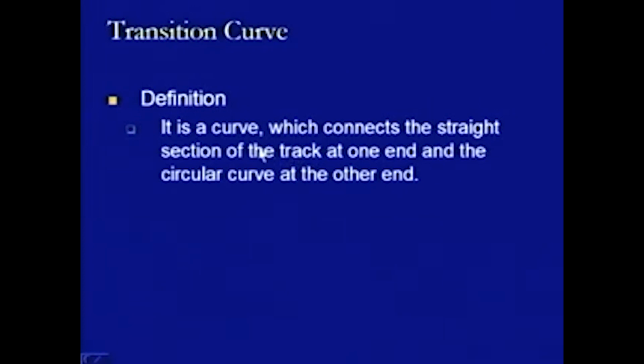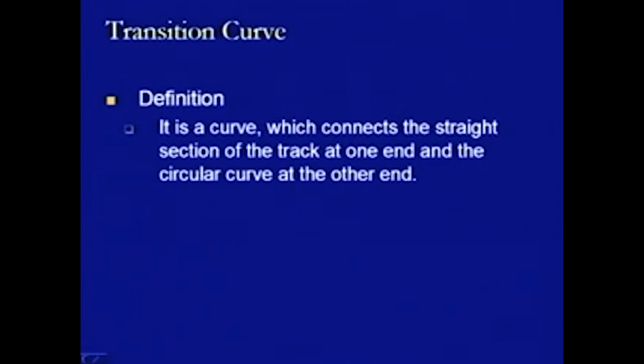It is changing its radius from infinity, where it is being connected to the straight section of the track where the straight line has an infinity radius, whereas in the case of the circular curve it has a finite radius. So, the radius of the transition curve is changing from infinite value to a finite value, that is, it is coming from a straight section to a curved section, and that is how its definition is being created.